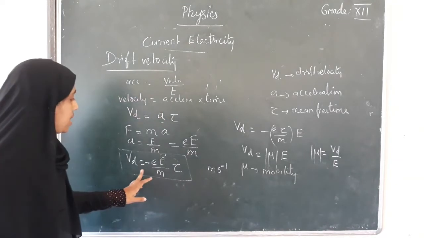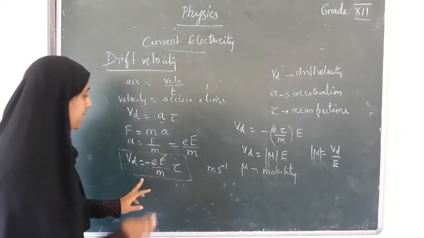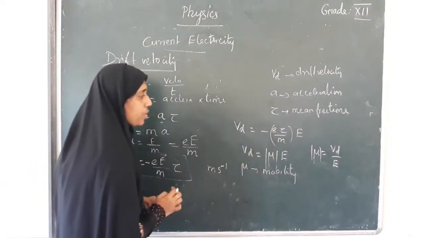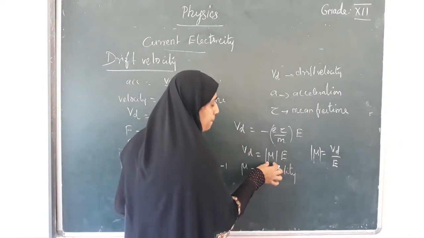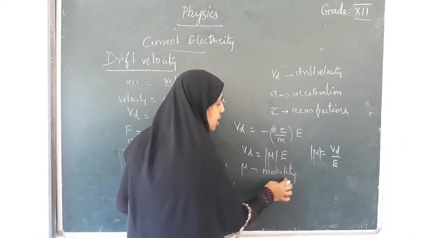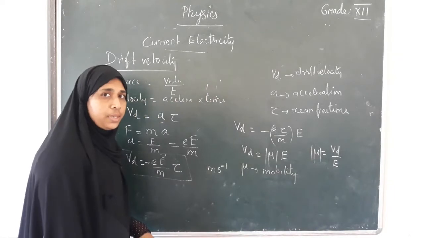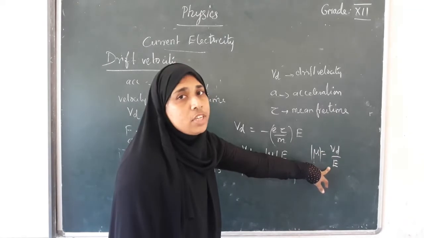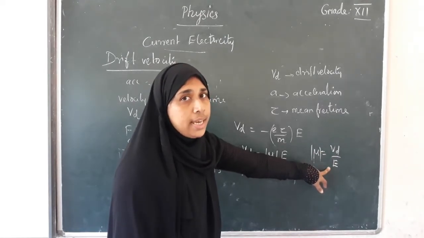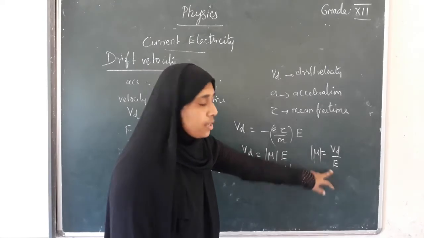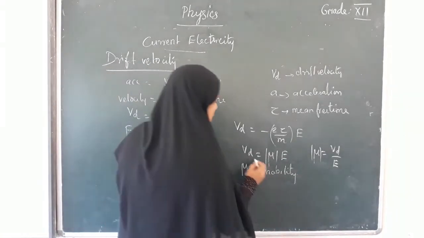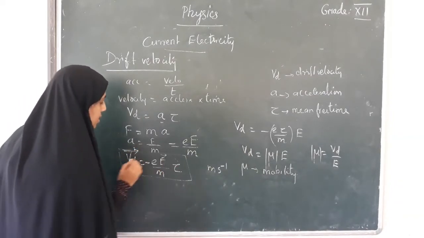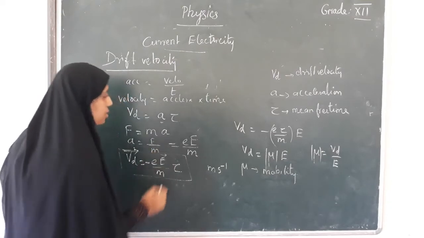So drift velocity Vd is equal to minus eE tau by m, which can be written as mu into E, where mu represents mobility. Here Vd is a vector quantity, so put an arrow, and E is also a vector quantity, so an arrow here.